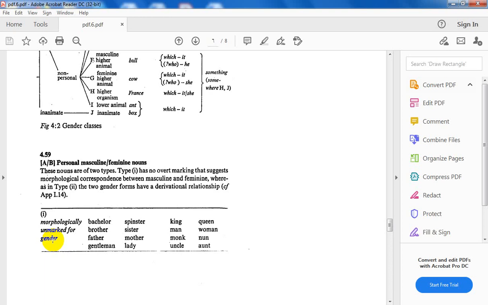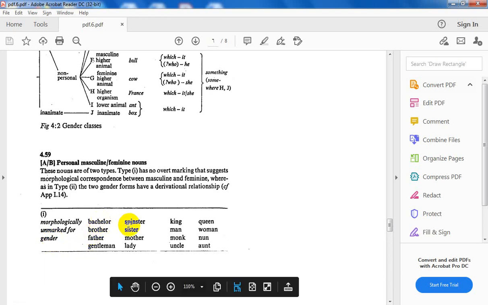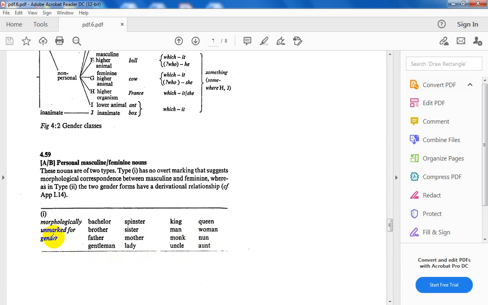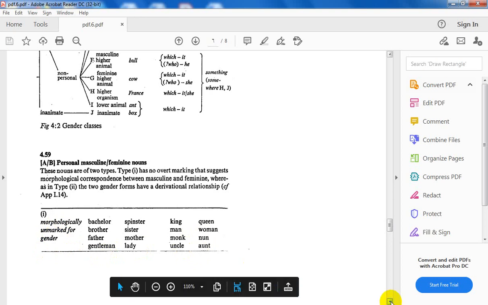Is there any similarity between the inner structure of one and the other? There is no connection between them. Each one has its own letters, I mean morphological structure. Like that: bachelor, spinster, brother, sister, father, mother, gentleman, lady, king, queen, man, woman, and so on. These are called morphologically unmarked for gender, because there is no connection between the masculine and feminine forms of nouns.